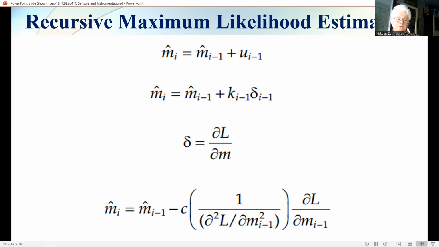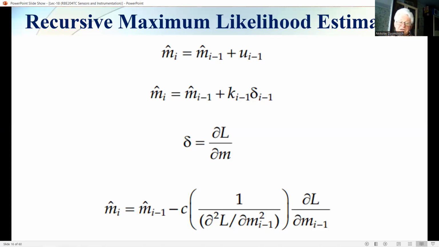We start with an initial guess m zero hat for the parameter. Then we update it in the increasing direction of the likelihood function L. Typically, it is more convenient to use logarithm of L rather than L. Step by step, until the required update is negligible.